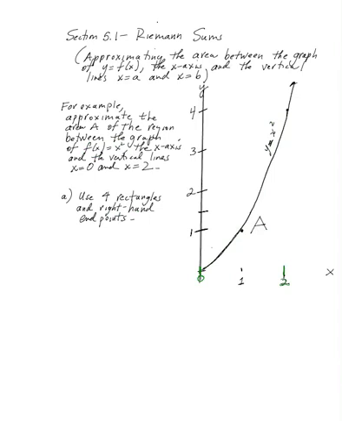What is the area underneath the graph of this parabola and above the x-axis? In other words, what's the area A of this region?